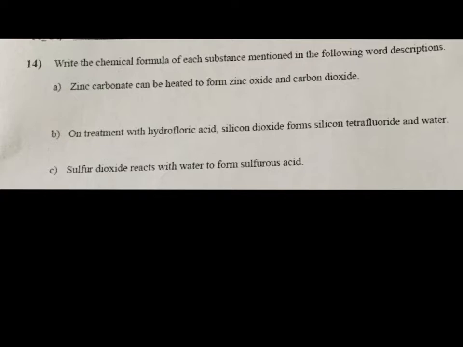So we have zinc carbonate. I'm just going to put my basic idea of each of these. Carbonate is CO3, and I know it has a 2-. Zinc is a transition metal, so there's a zinc 1, there's a zinc 2. I'm going to go ahead and make this just be the +2 one. If we crisscross everything out right here, you would be left with zinc carbonate.